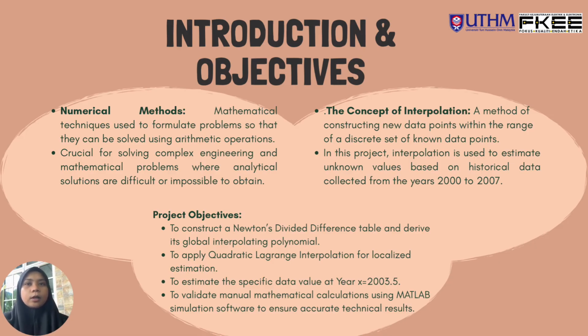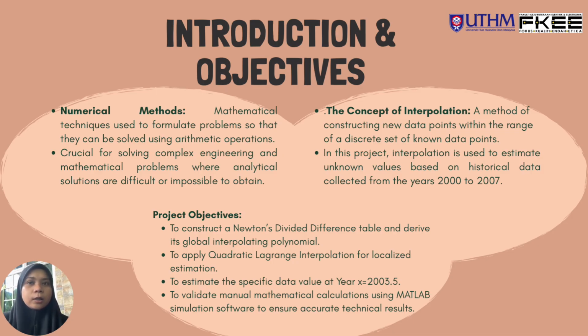So I want to introduce our project on applying numerical methods and interpolation to estimate unknown values from a historical dataset spanning from 2000 to 2007. Because complex engineering problems are often impossible to solve analytically, we use this mathematical technique to simplify them into solvable arithmetic operations.